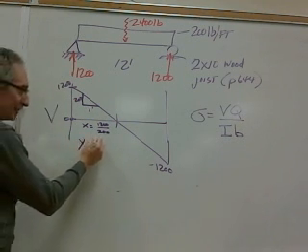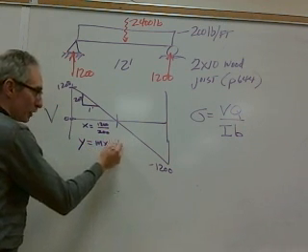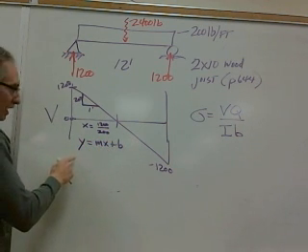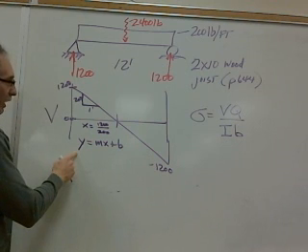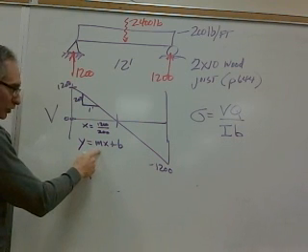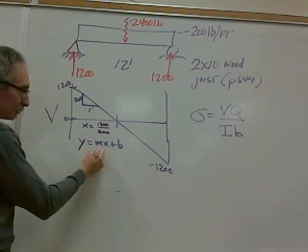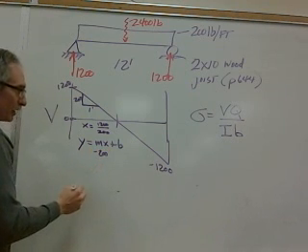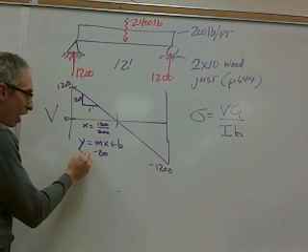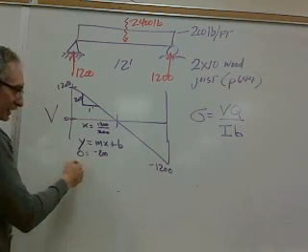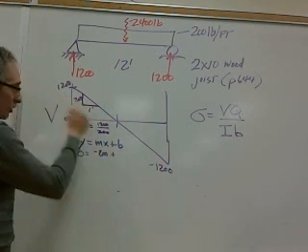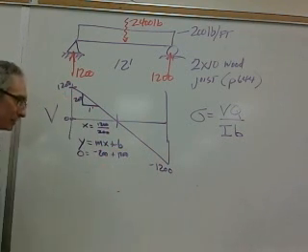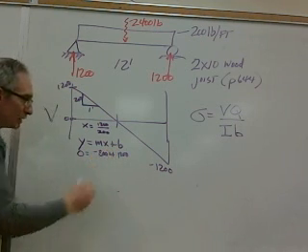If you're writing this in the straight line formula, you'd say where my slope in this case would be minus 200. I want to know where y hits zero, and where do I start? I start at 1,200. So find me x.